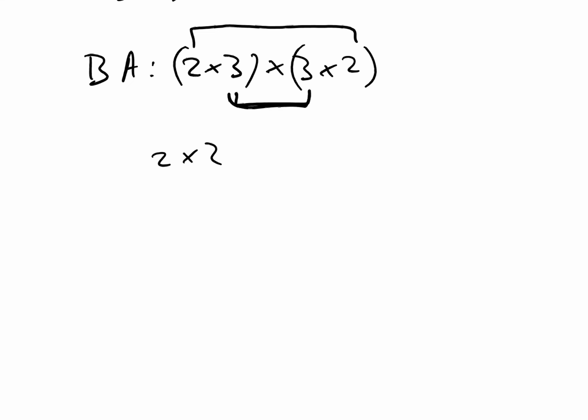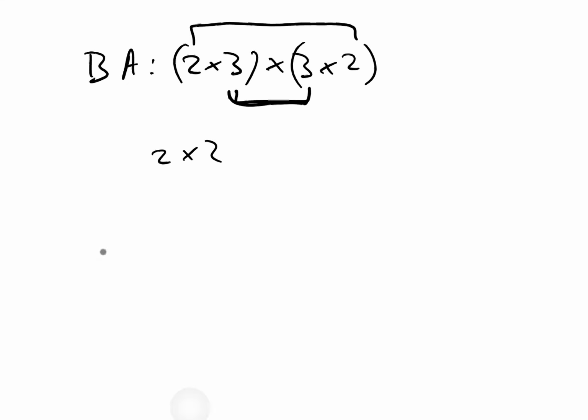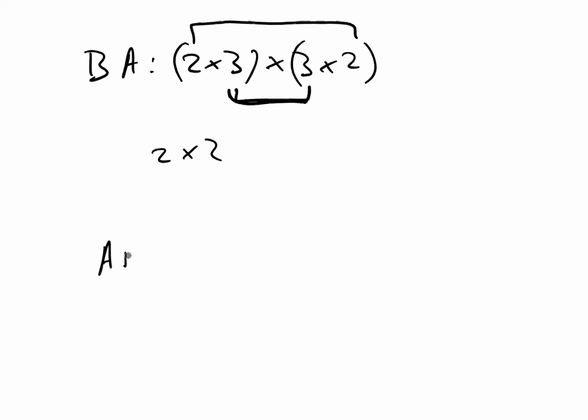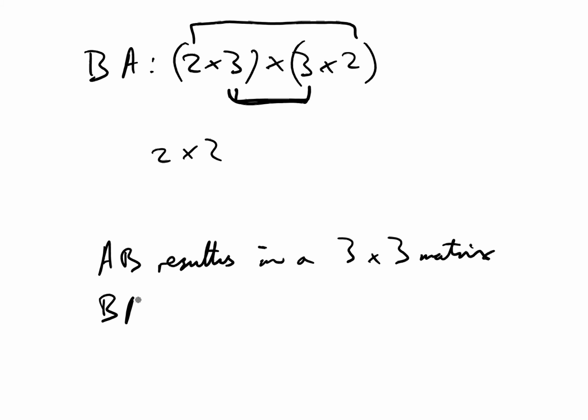Now it's just a case of putting it down in words. AB results in a 3 by 3 matrix. BA results in a 2 by 2 matrix.